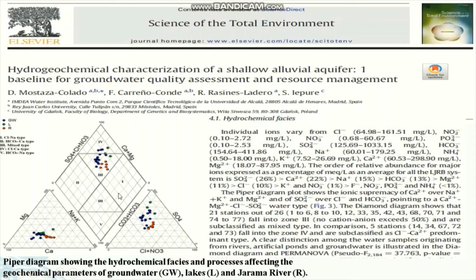So this is the basic interpretation behind a trilinear Piper diagram. So now you probably understood how to explain your data after plotting your sample points into the diagram.